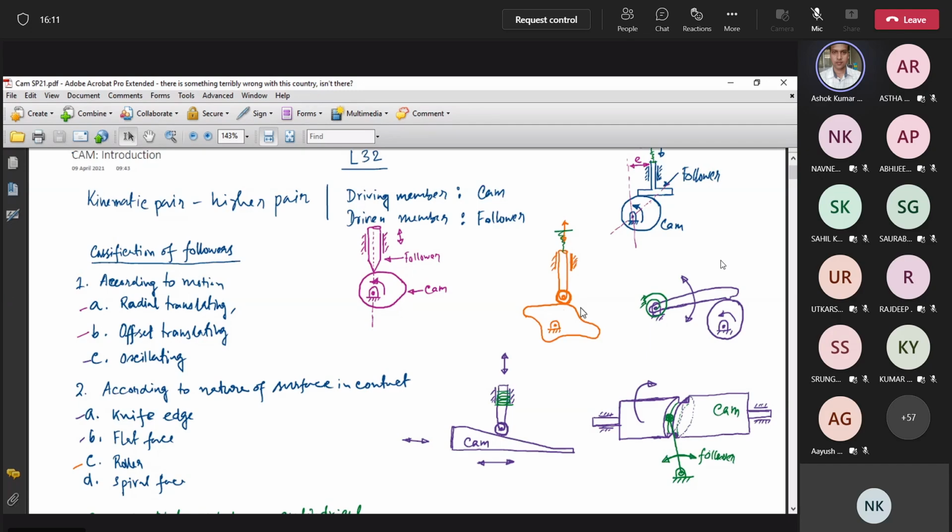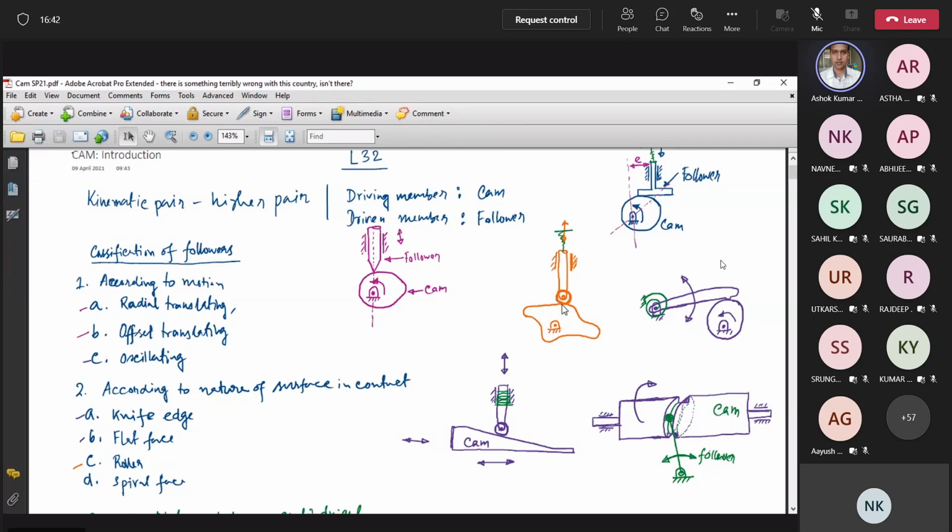And we have drawn another example here. Here you see this is a cam which is hinged at this point, and this is a translating follower which can go up and down. But at the end of the follower, we have given a roller. What does this roller provide? When you have a knife edge follower or flat face follower, there is always friction between the two.